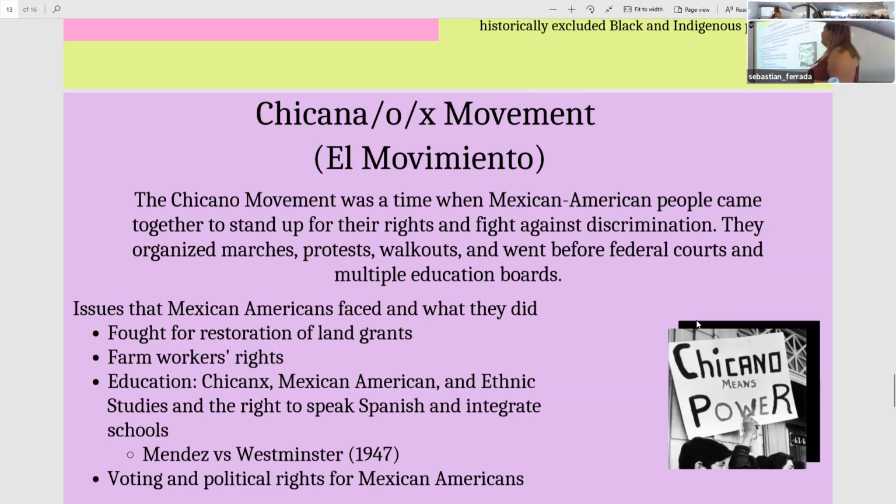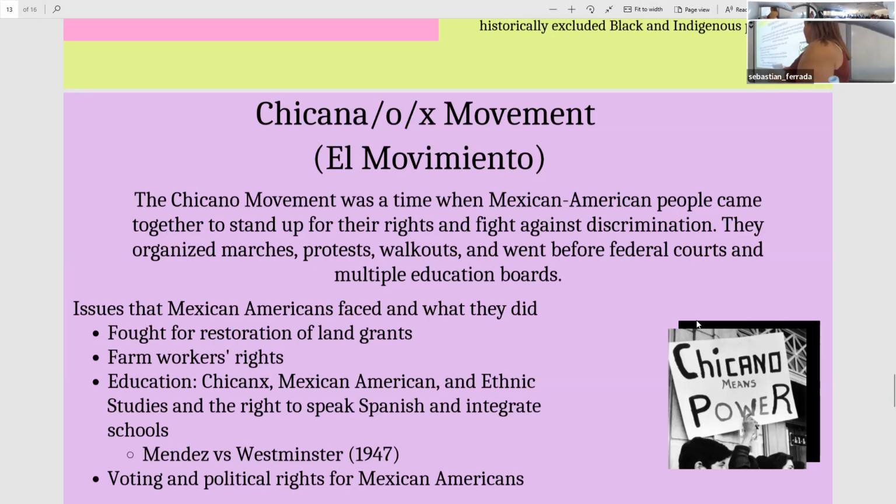And they also fought for educational rights and educational quality, not only for students of Mexican descent, but for all students. They wanted to combat institutional racism, increase cultural homogeny, and fight for the hiring of qualified teachers and improve school conditions, mainly because there were 40 students to one teacher.